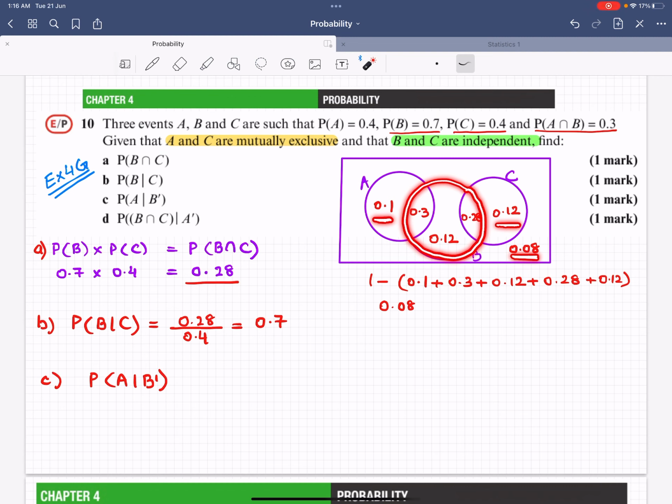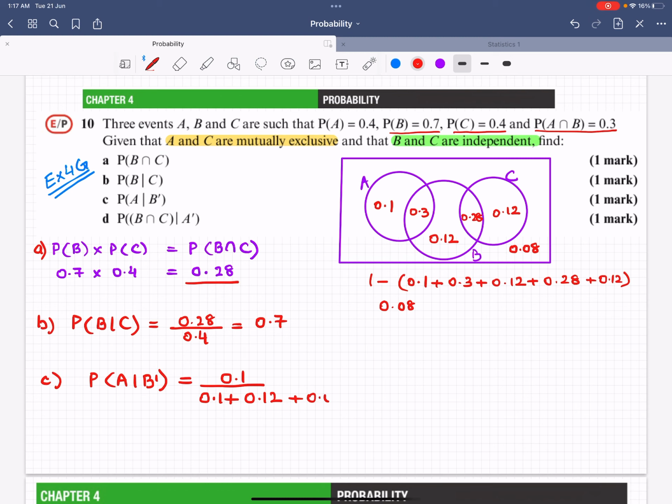This is our total from which we need to pick up the probability of A, which is 0.1 divided by all of the B complement that we just saw, which is 0.1 plus 0.12 plus 0.08. And that is equal to 0.1 divided by 0.3 or 1 by 3.